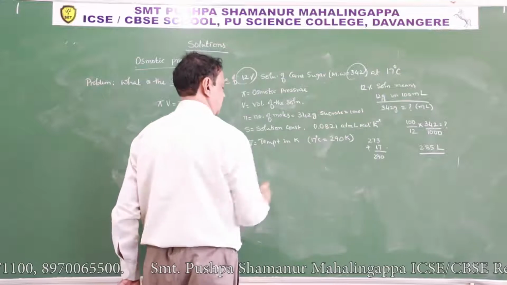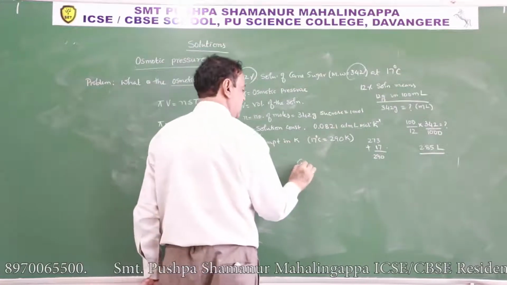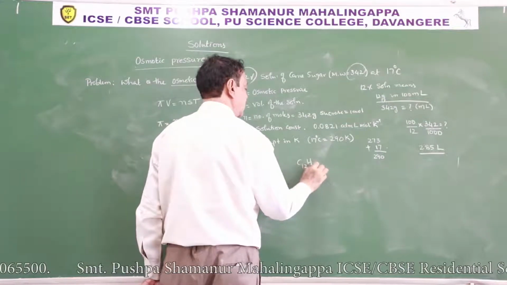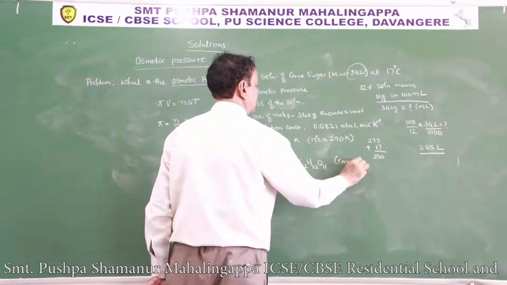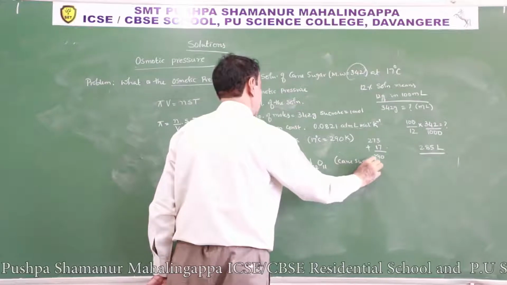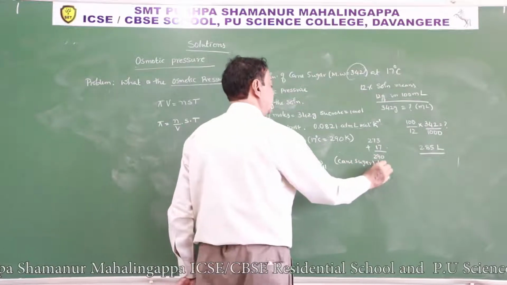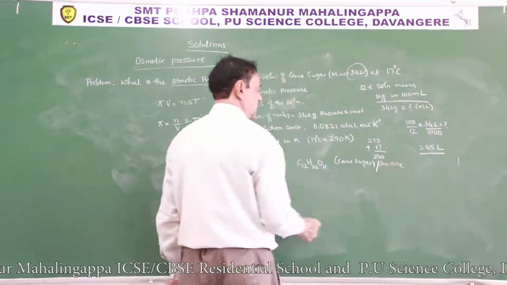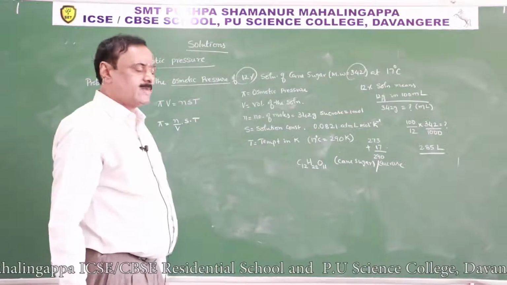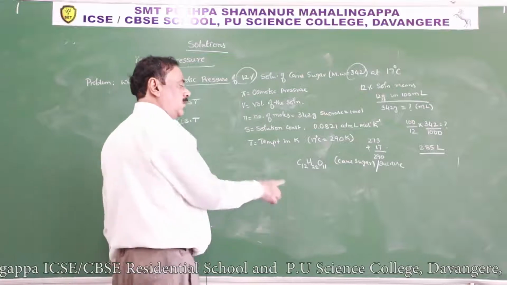How to calculate? Cane sugar contains sucrose, and the molecular formula of sucrose is C12H22O11.